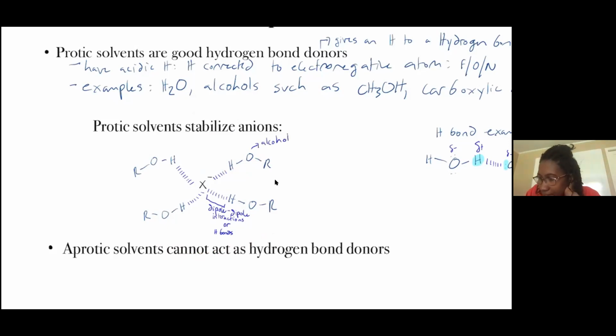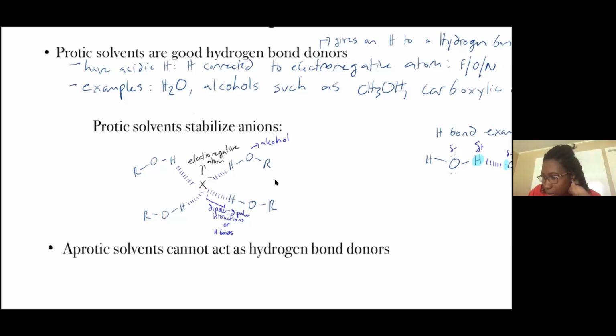The X with a negative charge stands for any electronegative atom. We have our electronegative atom, and our alcohols are acting as the solvents.